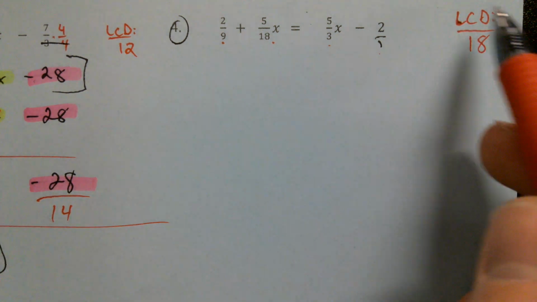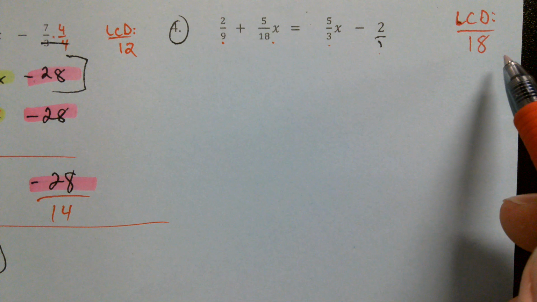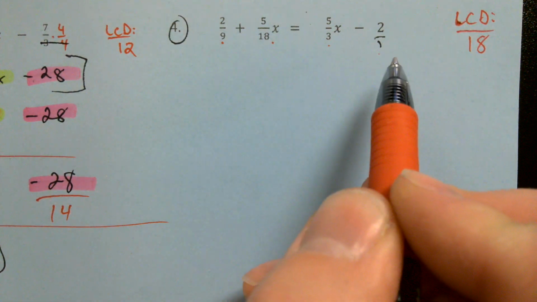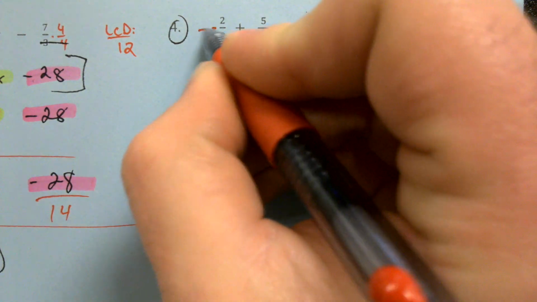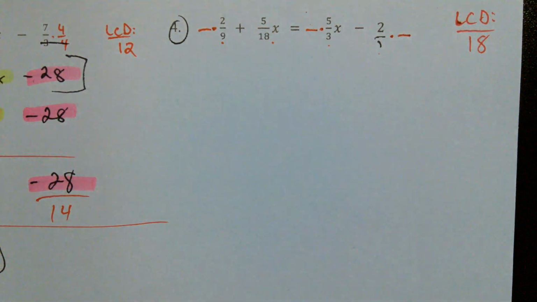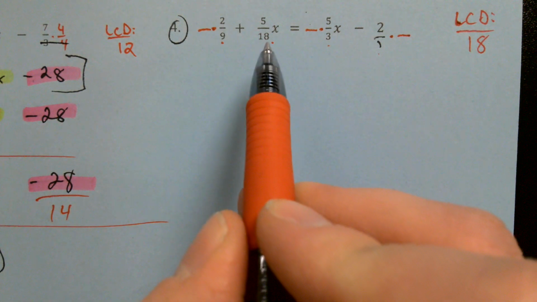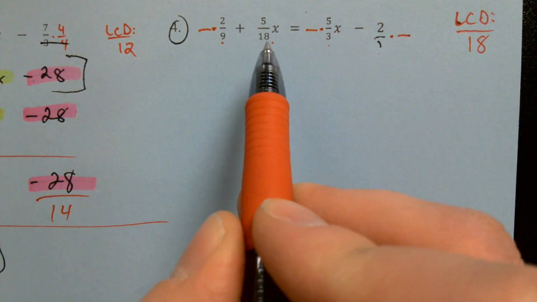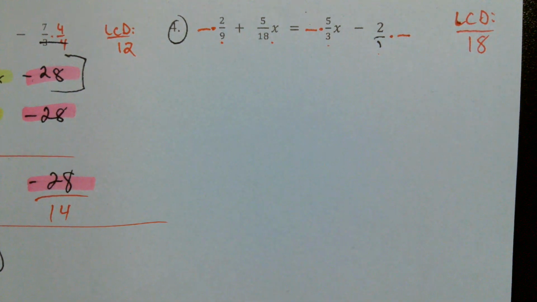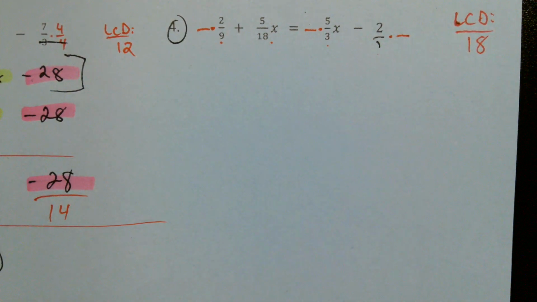So now we use the LCD to kind of fill in the blanks, right? Anything that's not already an 18 is going to get multiplied by something over something. So I'm leaving this one out. It's already at 18. But 9 needs to get up to 18, 3 needs to get up to 18, and 1 needs to get up to 18.